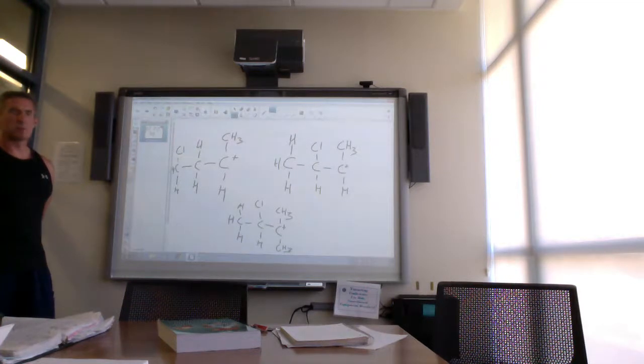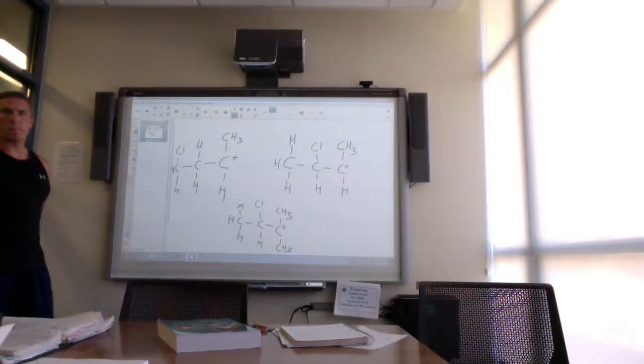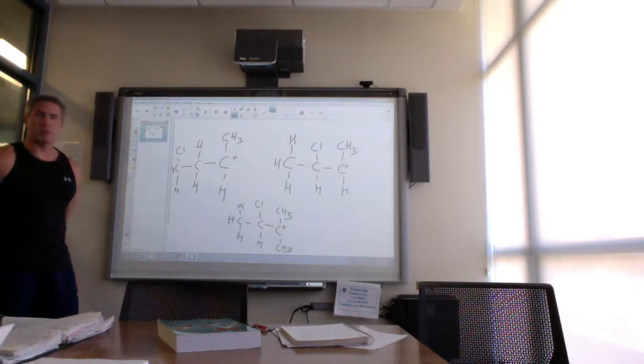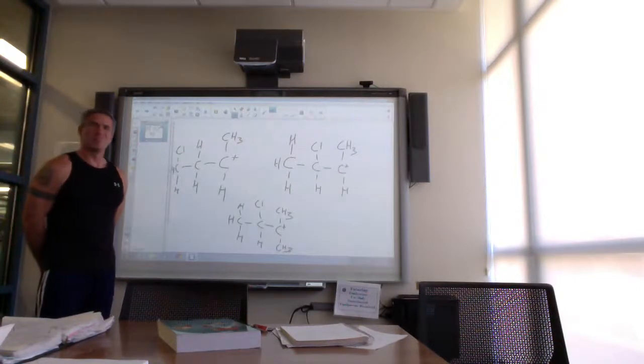These are the same. Are they? Oh no, I see what CL. I would say this one. Why? Because it has a Cl close to the methyl. Does that mean that they share electrons better?